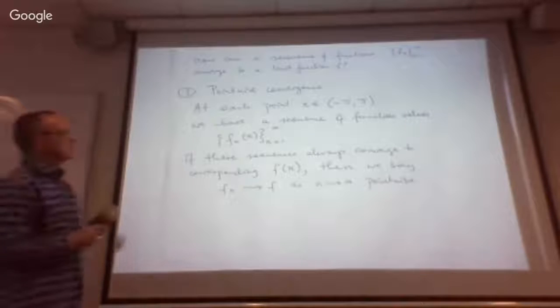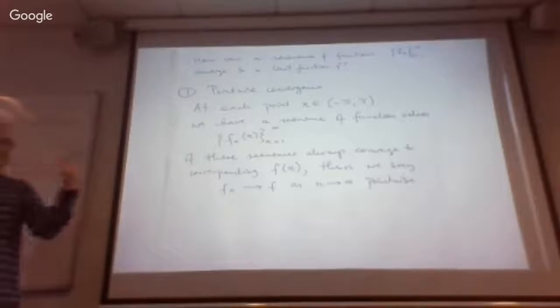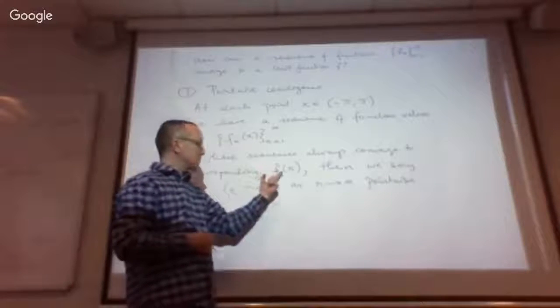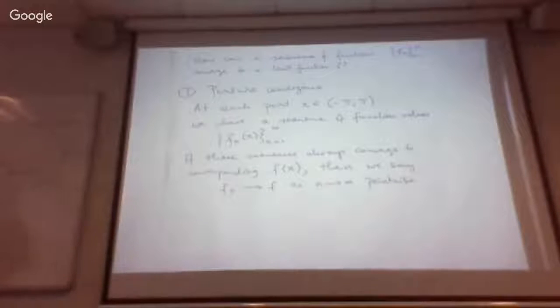If you zoom in on one particular point in the domain, observe the sequence of function values, a sequence of numbers, and you observe that sequence converging to the limit value f of x, and if that's always the case for all the relevant x's in the domain of the function, that's the definition of pointwise convergence. The sequence of functions converges to the limit function if the sequence of function values converges at each individual point.